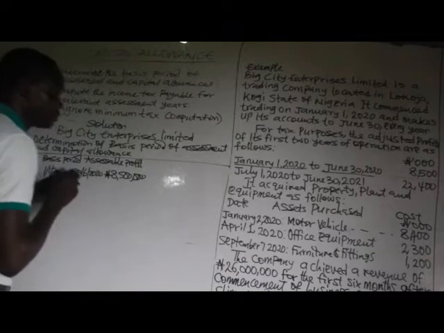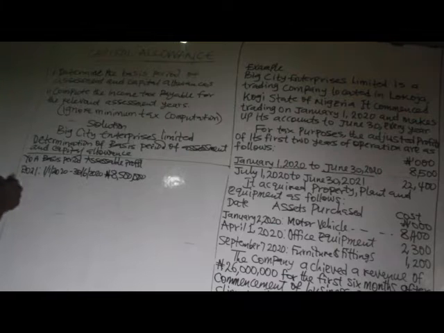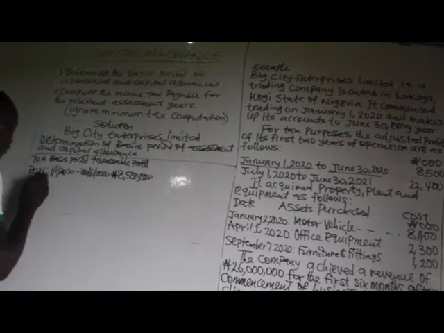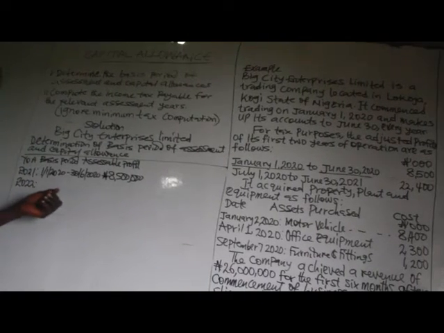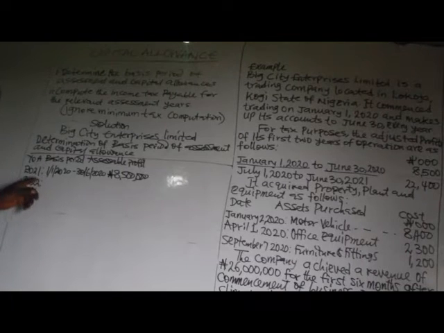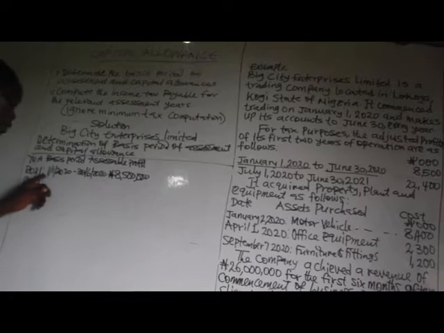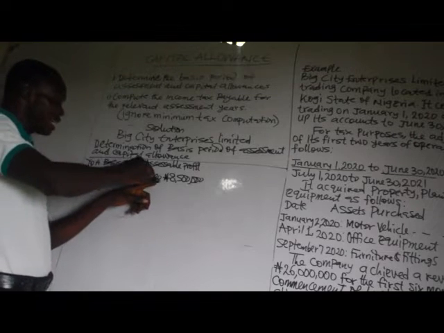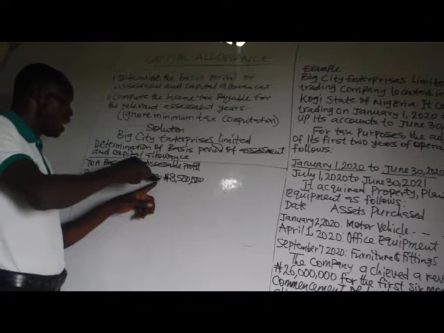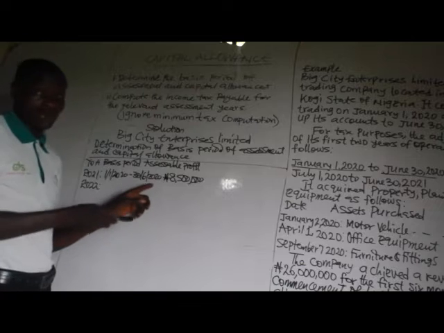The second year of assessment will be 2022. In line with the Finance Act, the basis period for the second year of assessment will be the basis period commencing after the accounting period just ended. You know, the accounting period for 2021 ended as at June 30, 2020.